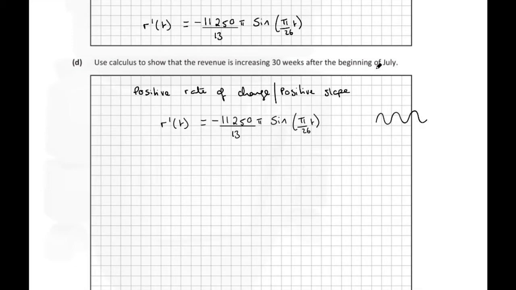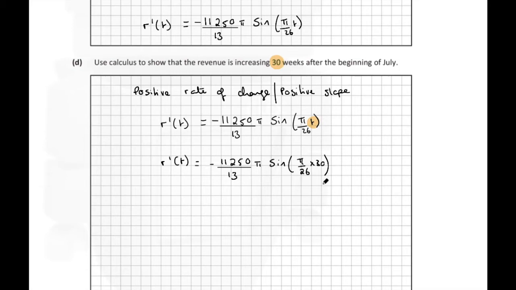So we're looking for a very particular point, and we're looking for when our t is 30. So all we have to do is use the differential in the last part, and we're going to fill in 30. So we've got 13 pi sine, and then it's going to be by pi over 26 by 30.